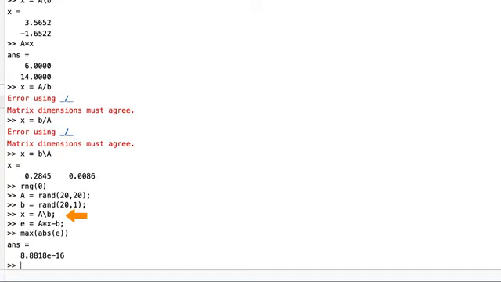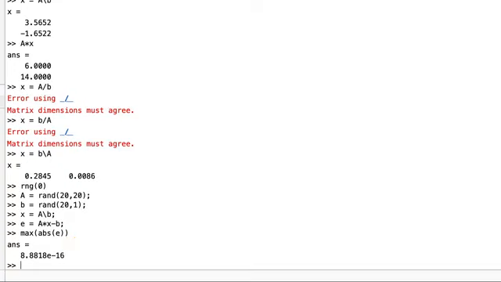Then, to see whether x is a good solution, we calculated the difference between A times x and B, which is a 20-element error vector, and we assigned it to the variable e. Finally, we looked at the maximum absolute value in e, and I think you'll agree that 8.8818 times 10 to the minus 16 power is a very small error, so x is a very good solution.